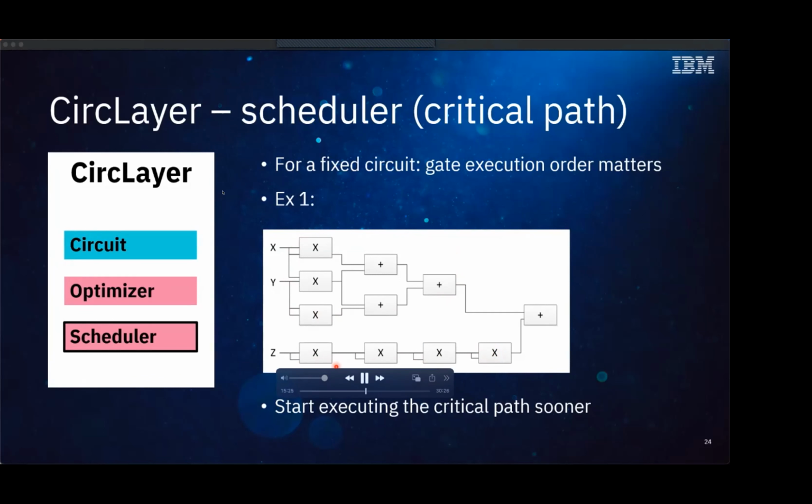Only one CPU will work, and the other CPU will stay idle. So it makes more sense. It will be more efficient to start executing this critical path sooner with one CPU and having the other CPU executing this part of the circuit.